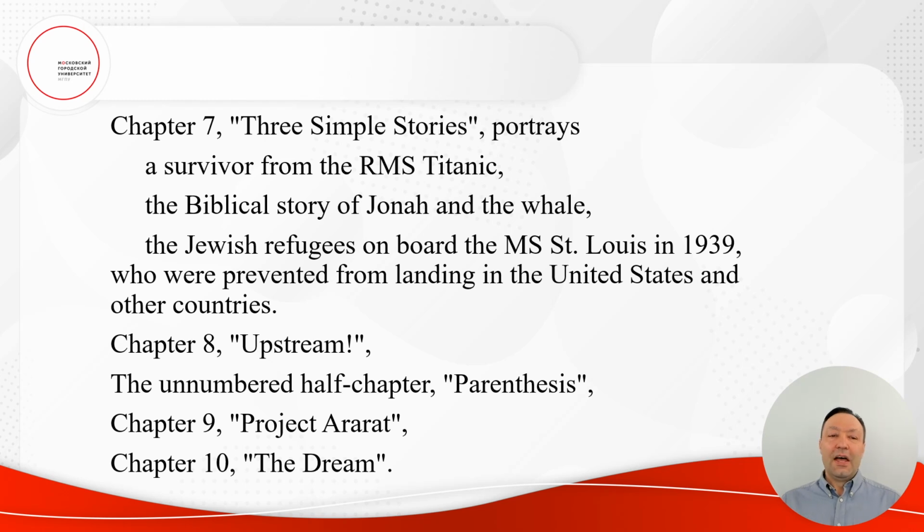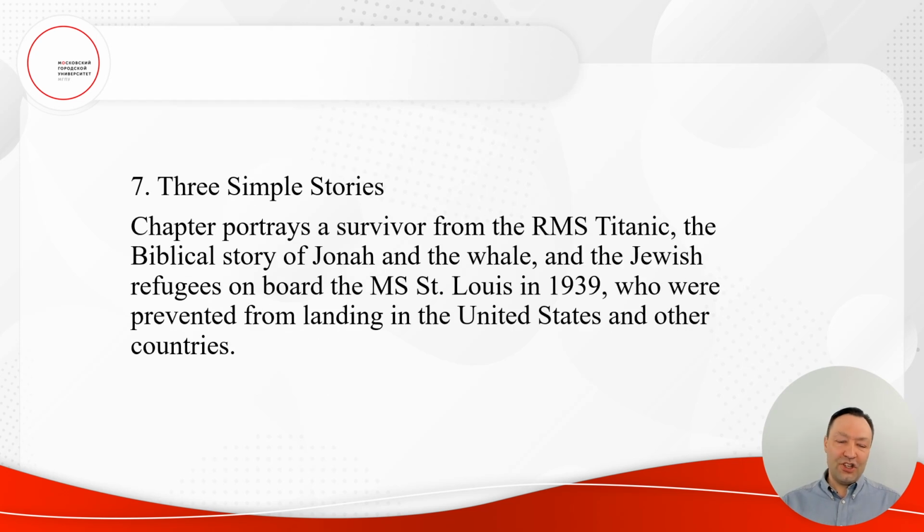Now, let's have a look at chapter 7 and the 3 simple stories. The chapter portrays a person who is actually a real person, a survivor from the ship Titanic.